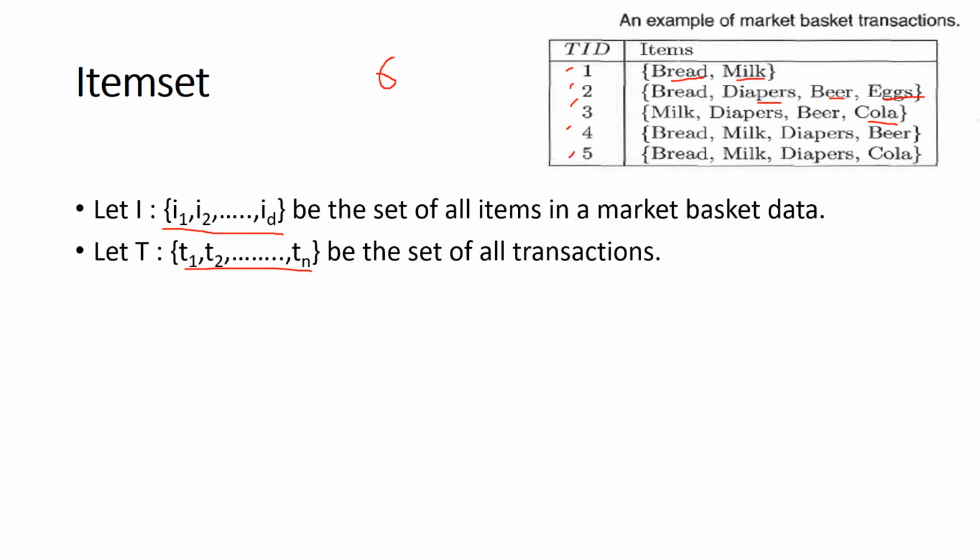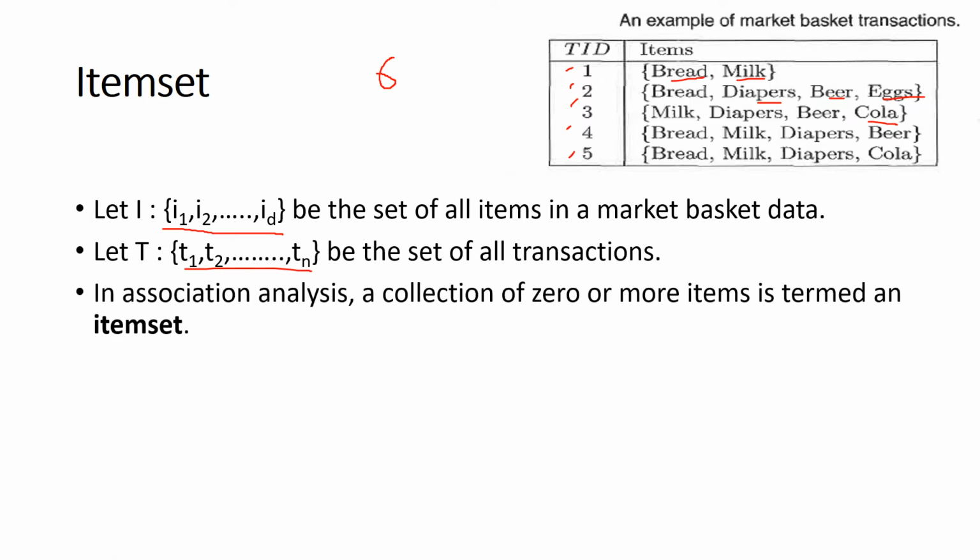So this is the set of all transactions. Now we try to define item set. In association analysis, a collection of 0 or more items is termed an item set. So for example, a collection of items bread and milk is an item set.